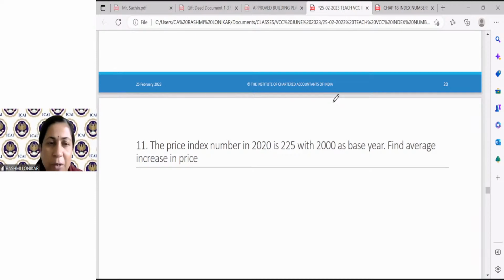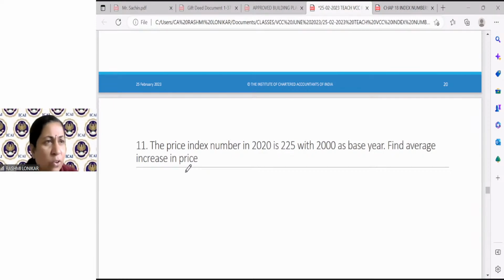Now, can you tell me the price index number in 2020 is 225 with 2000 as a base year. Find average increase in price. So, can you quickly tell me? See, these are sums you can easily do. Yes, Kavya. Whatever be your base year, you have to take it as 100. Okay?